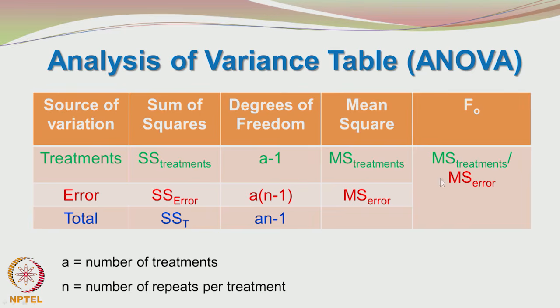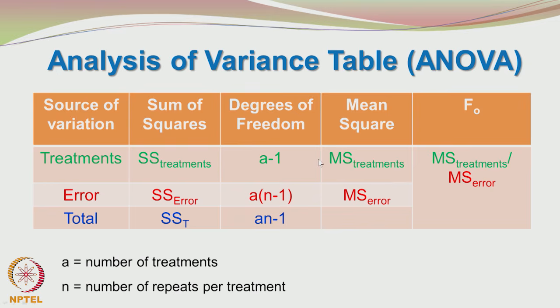If you look at the mean square treatment, it is similar to the variance. We know the variance is the sum of squares of the deviations. Here also, when you calculate the sum of squares of the treatments, you define a suitable average, and then you find the deviation of the response with respect to the average, and then square them, and each deviation is squared, and then all the deviations are added to get the sum of squares of the treatments. And when you divide by the degrees of freedom, we get the mean square treatment.